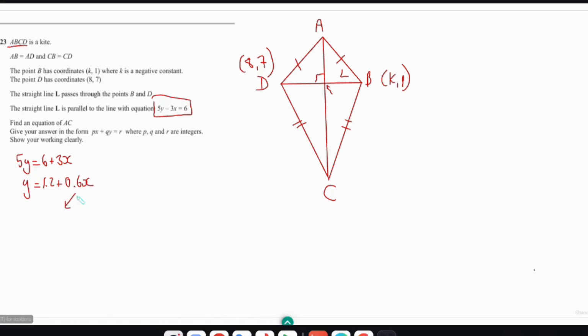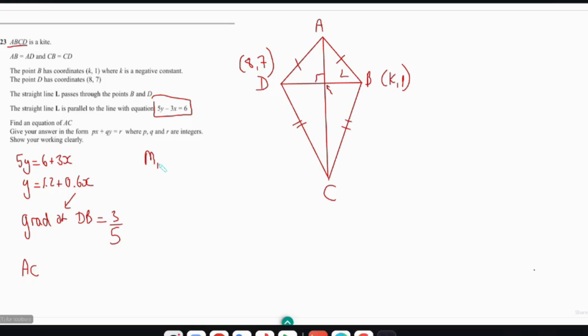The gradient of this line here is 0.6 or 3/5, which means the gradient of DB is equal to 3/5 because they are parallel. Now, the gradient for AC: we know that perpendicular gradients multiply to give us -1.